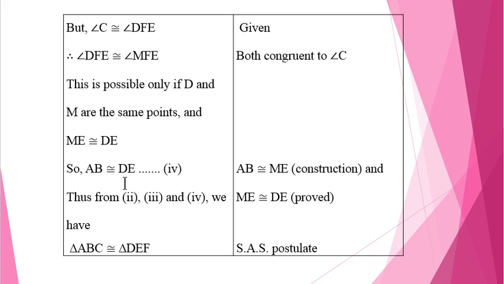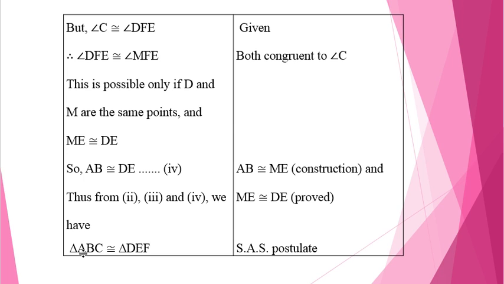So AB is congruent to DE, and AB is congruent to ME. That was our construction. So from the equations 2, 3 and 4, we have that ME and DE are congruent. There is no point M other than D.